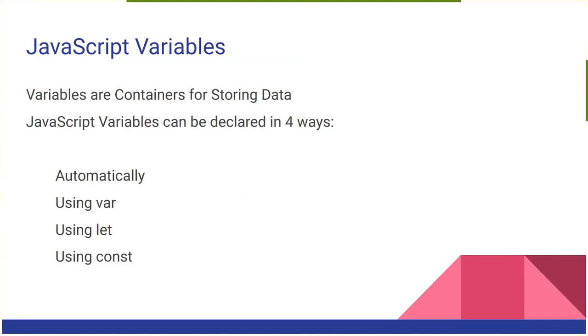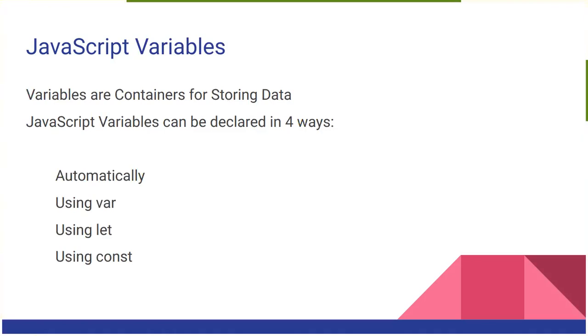Variables are used to store data. There are four ways we can declare variables in JavaScript. One is automatic, and the others are where we use var, let, or const. Each has one purpose.